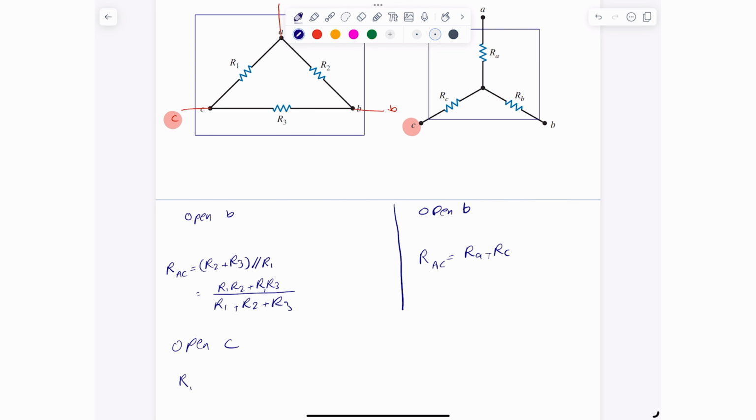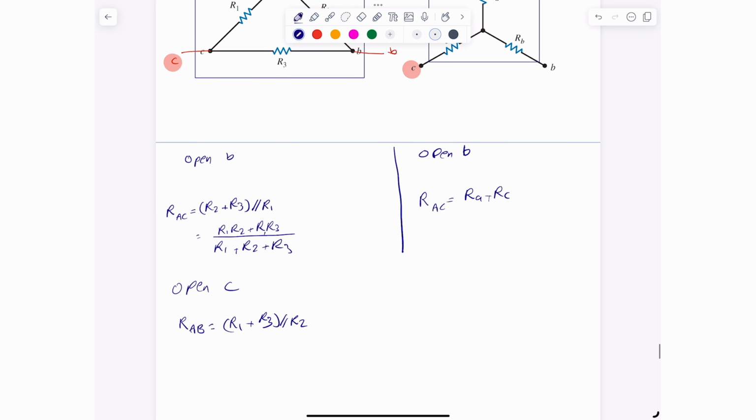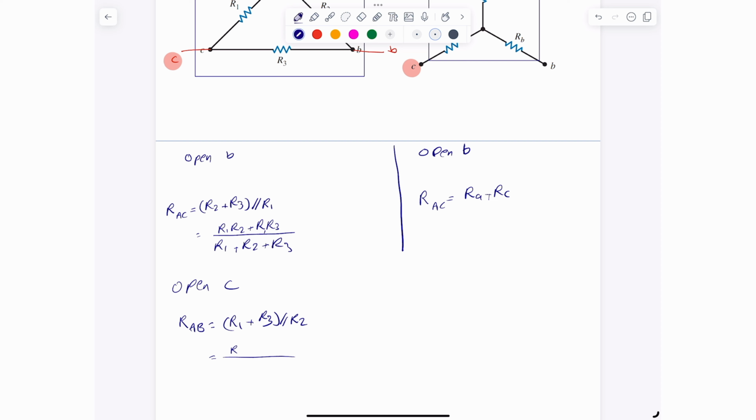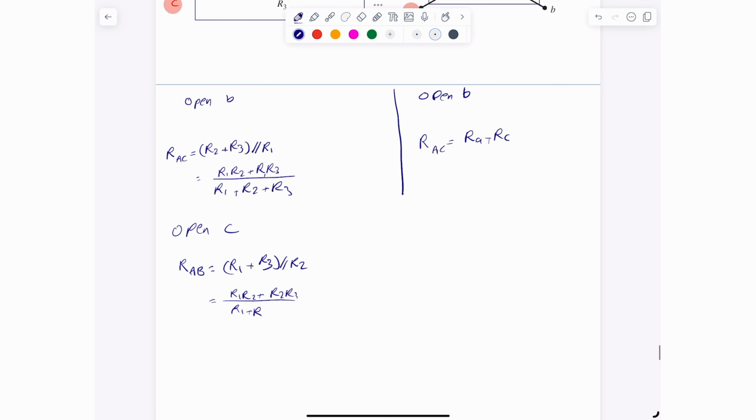So it becomes RAB is simply R1 plus R3, they're in series and both are in parallel with R2. And we can simply say that this is R1 R2 plus R2 R3 divided by R1 plus R2 plus R3, and that's RAB.